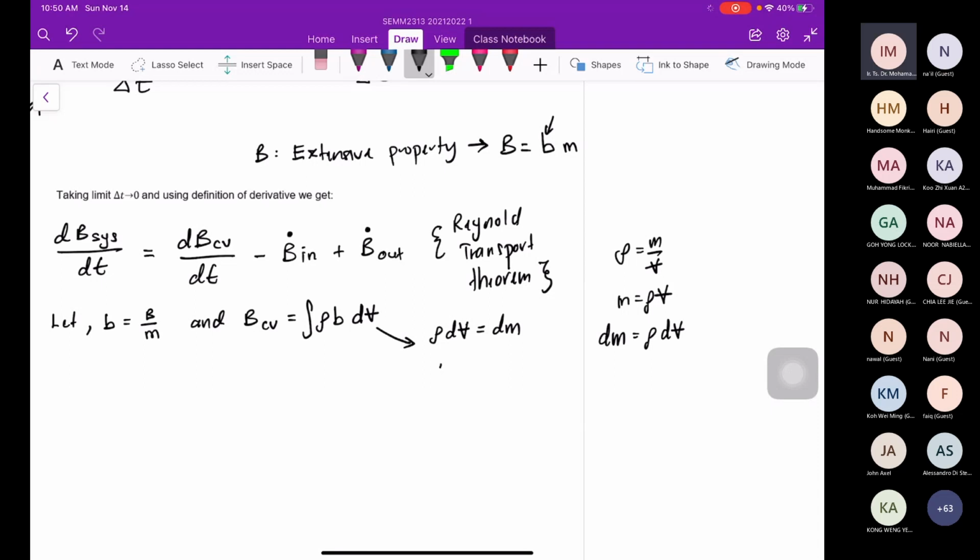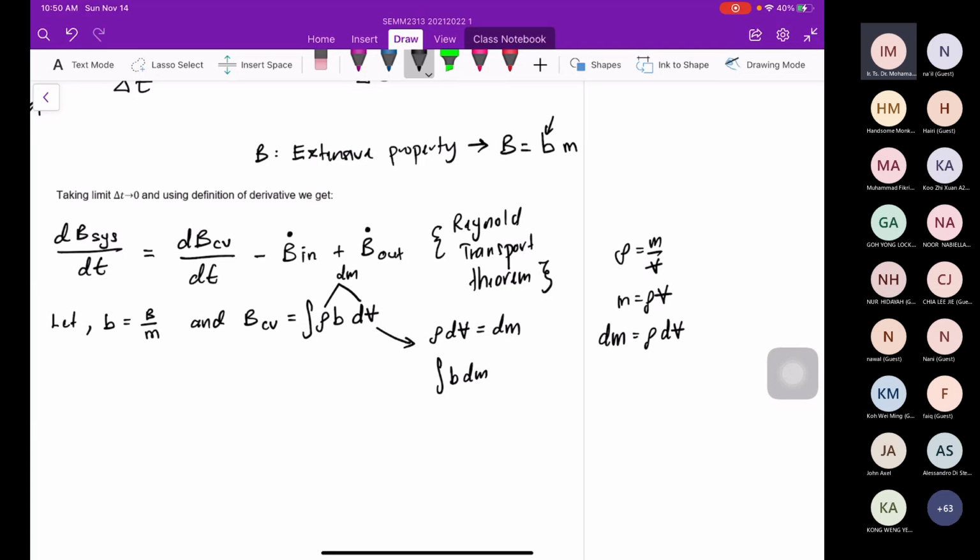And then we do another term, integration of b. Since this is b dm, this one and this one refer to dm, right? So b dm is basically how much the B is in the control volume.